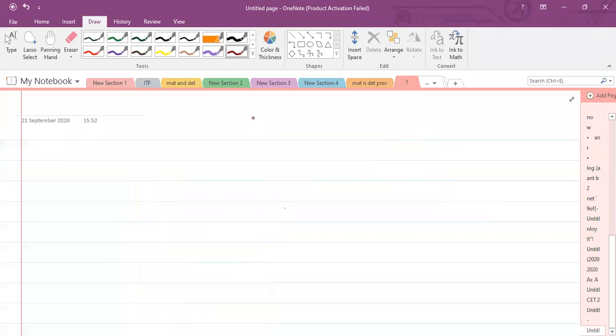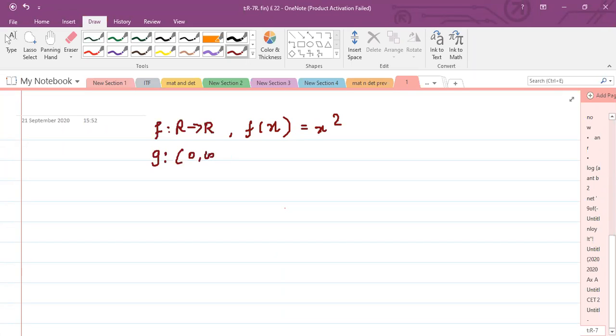Next question is f from R to R given by f of x is equal to x square, and g from 0 to infinity given by g of x is equal to root x.